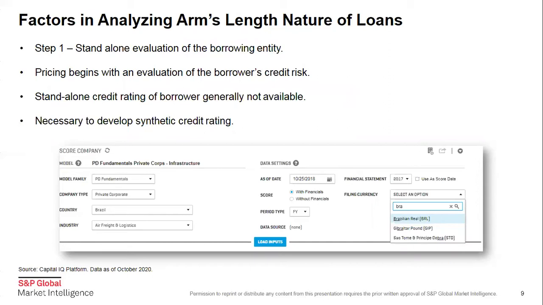This model takes a look at an amalgamation of all of the ratings which Standard & Poor's has done, and takes a look at the cohort within each one of the individual ratings based on industry, currency, and financial information. When we take a look, both of these models align very, very closely.